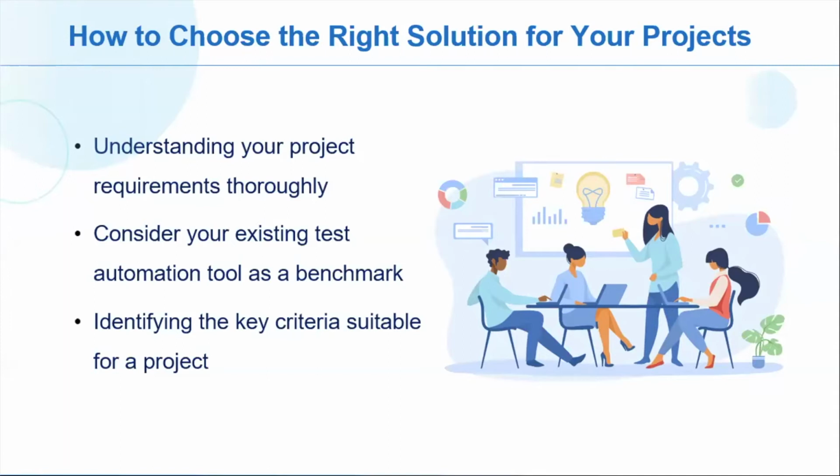For this, get a deep understanding of your project requirements such as project type, web, desktop, mobile, scope of the project, and existing teams' technological strengths before you start a process.